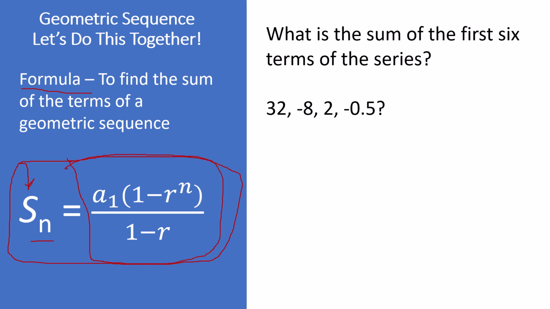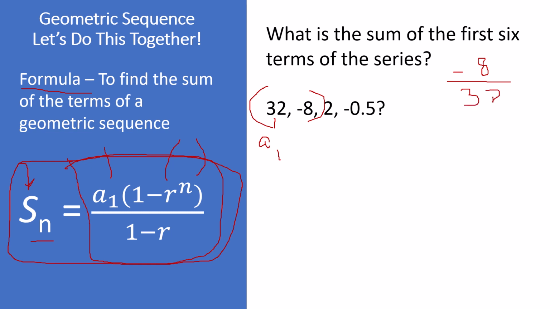So first of all, we need to find a common ratio. We need r, we need n, and we need that first term. It's easy to identify that first term. That's 32, so a sub 1 is 32. For the common ratio, take any two consecutive terms. So I'm going to take the first two, and take the second term and divide it by the previous term.